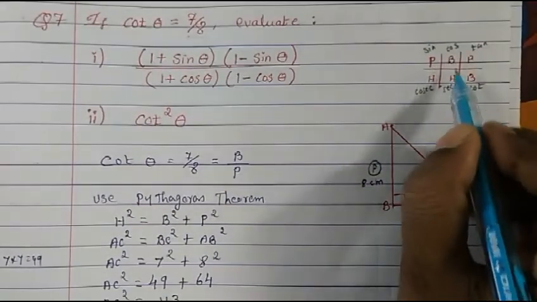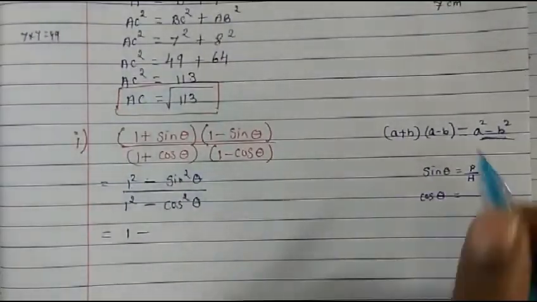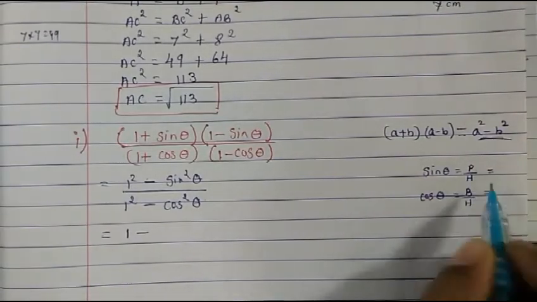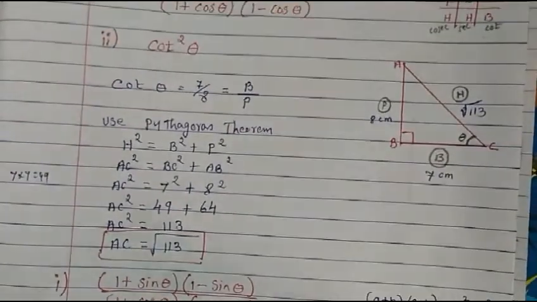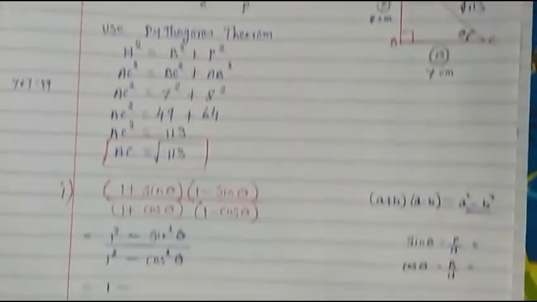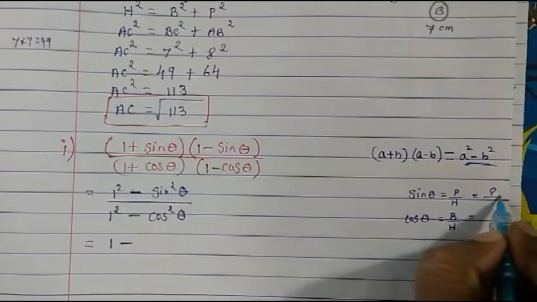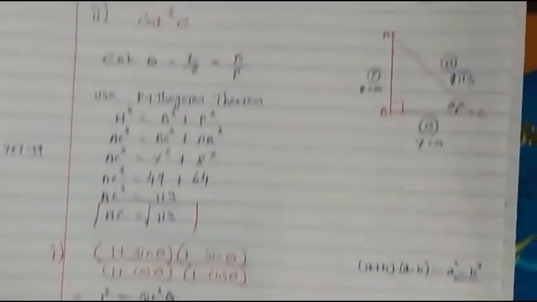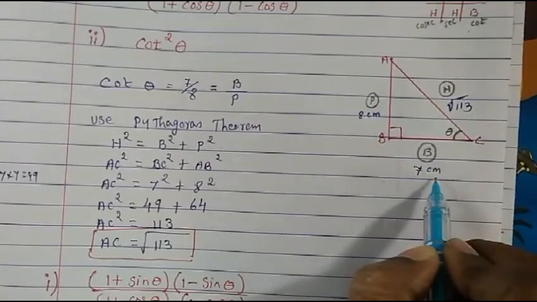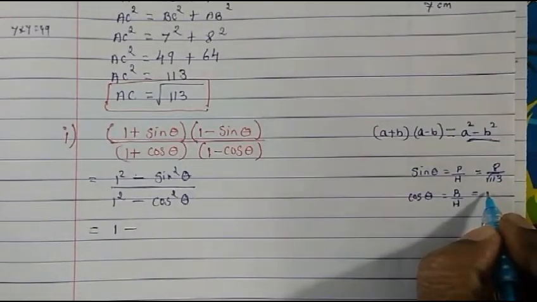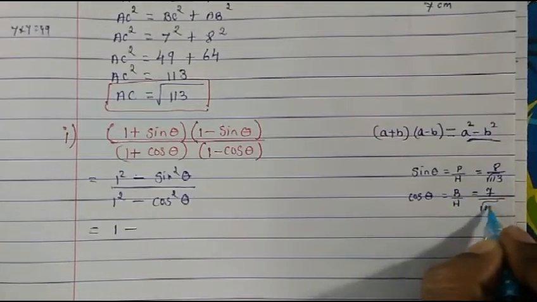Cos theta is base upon hypotenuse. So here perpendicular is 8 and hypotenuse is under root 113. So we can write this as 8 upon under root 113. Same way cos is base upon hypotenuse. Base is 7 centimeter, hypotenuse is under root 113, so 7 upon under root 113.